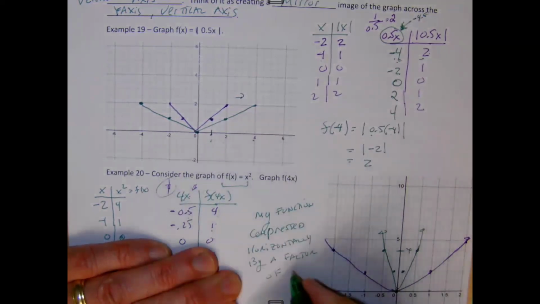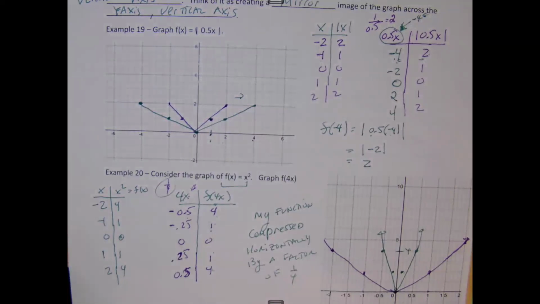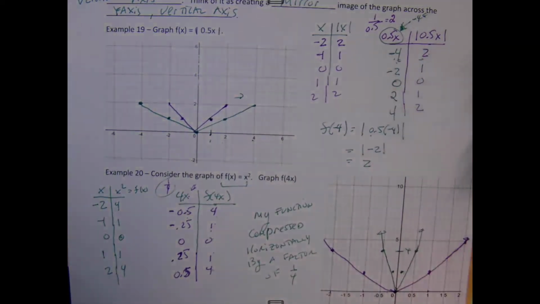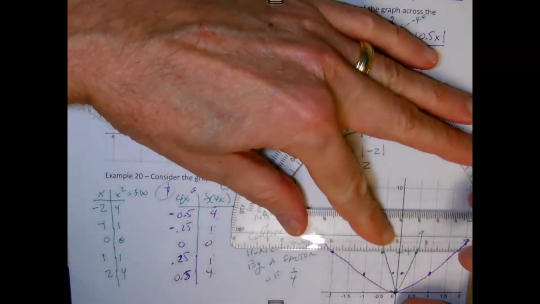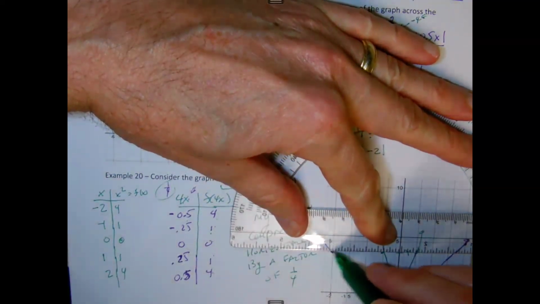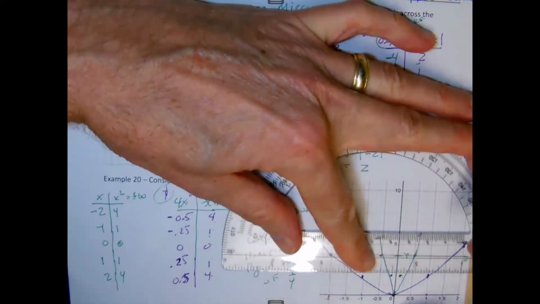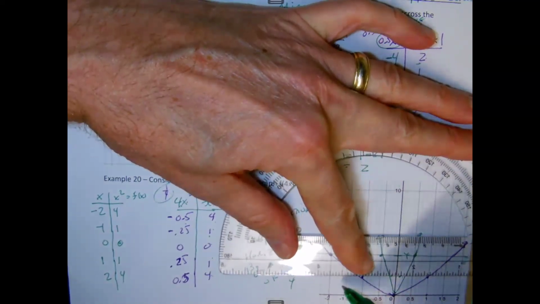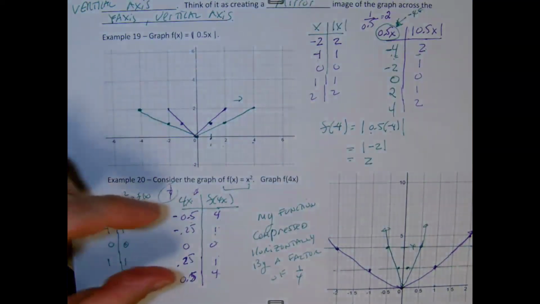Again, factor means multiplying, so a factor of 1/4. So take all your old inputs, multiply them by a quarter. Leave the corresponding outputs alone, and that's what's happening. So you're compressing horizontally. Because I'm affecting the x, notice the y's are remaining on the same horizontal plane. It's just that everything is getting crushed.